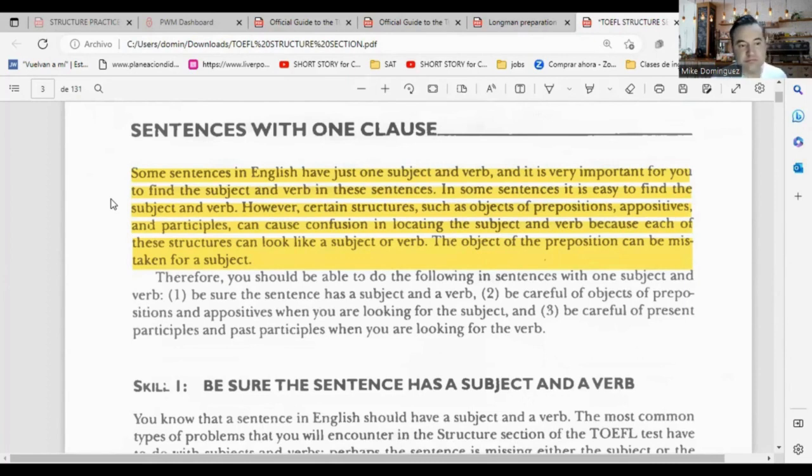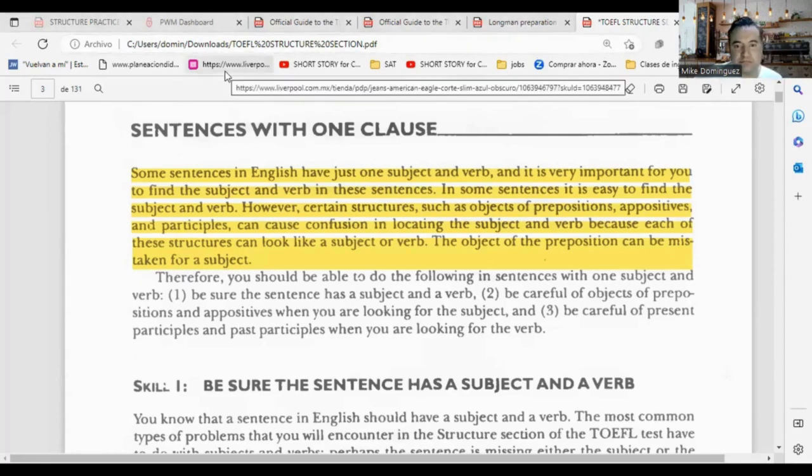However, certain structures, such as objects of prepositions, appositives and participles, can cause confusion in locating the subject and verb, because each of these structures can look like a subject or a verb. The object of the preposition can be mistaken for a subject.